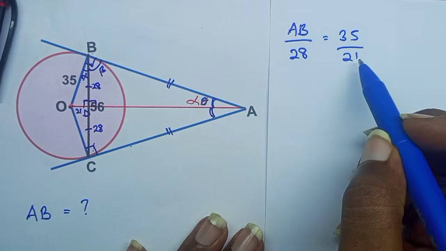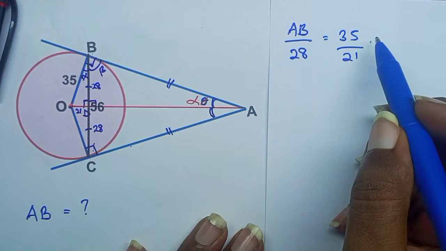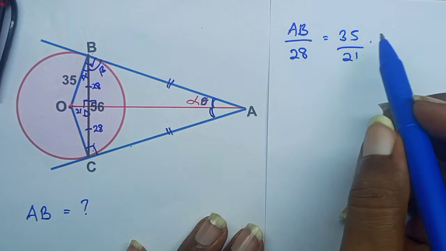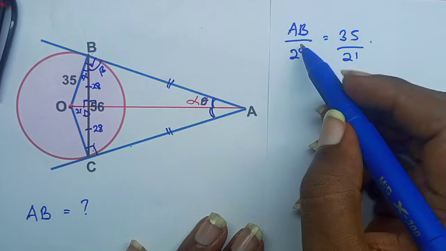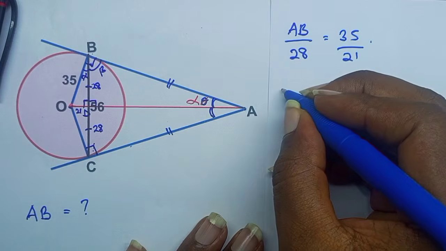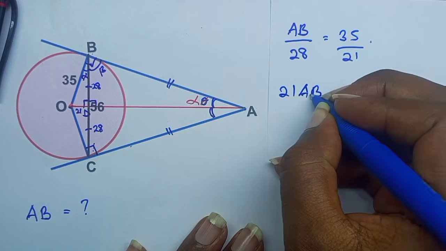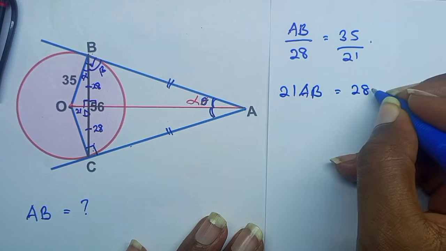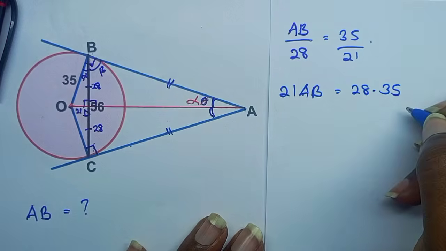So multiply 21 this side and 28 this side. Of course 28 will cancel on this side and then 21 will cancel on this side. So we shall have 21 AB being equal to 28 times 35.